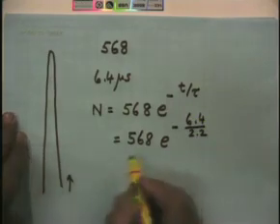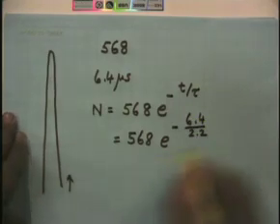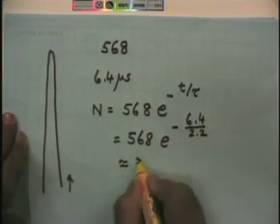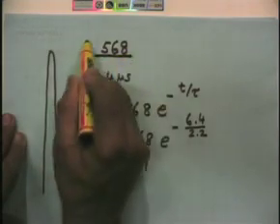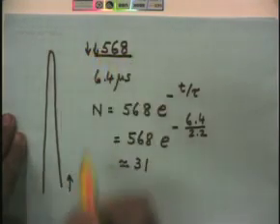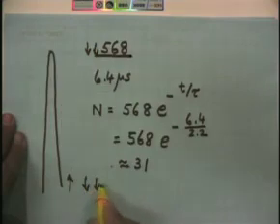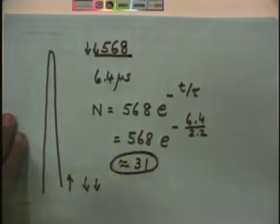If you do the algebra, this comes out to be about 31. That means, if there are 568 mu-mesons at the top of the atmosphere, then on the ground there should be only 31 mu-mesons that should be observed.